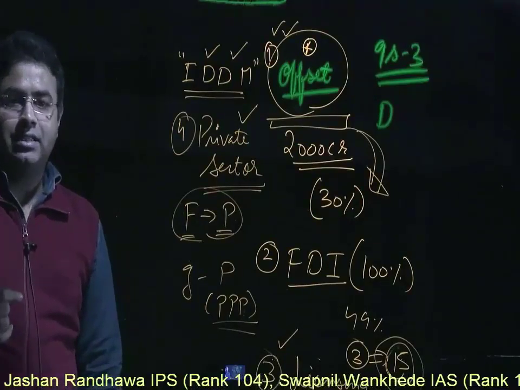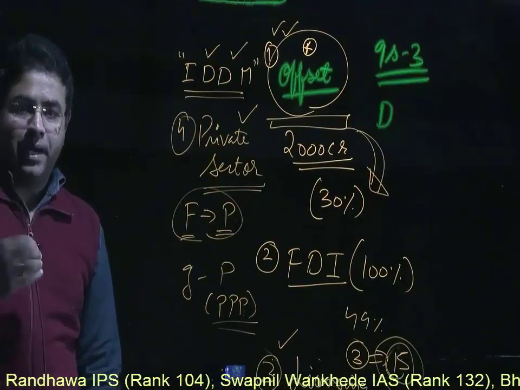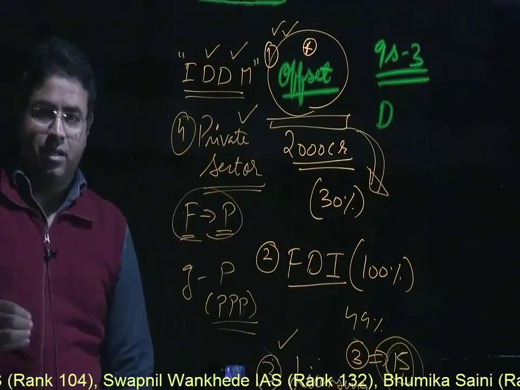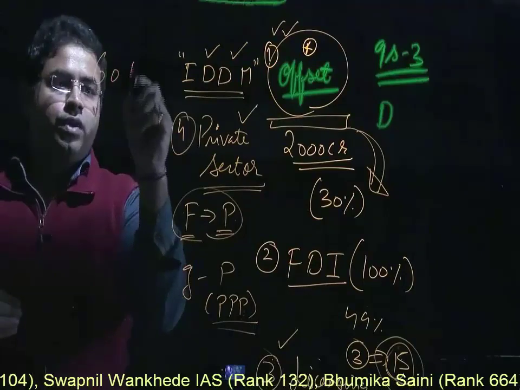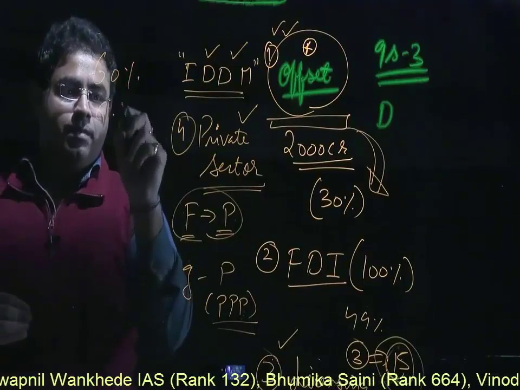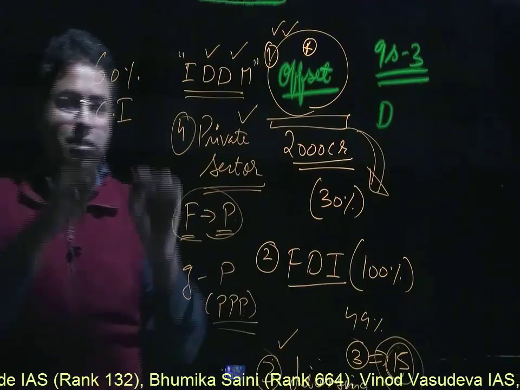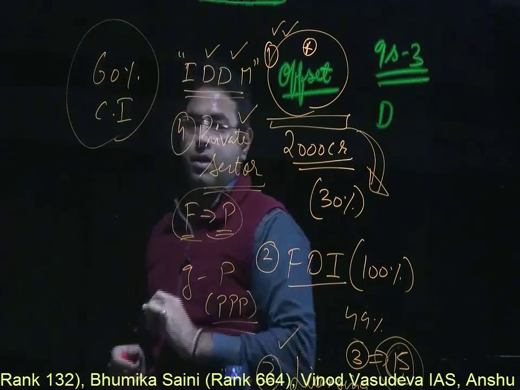The reason for that is, when it comes to the total spending on the defense sector, 60% of it is done on capital investment. Now what is meant by 60% capital investment in the defense sector?